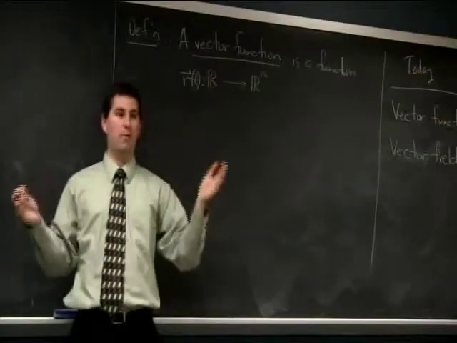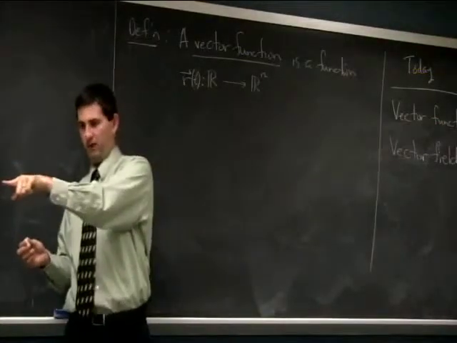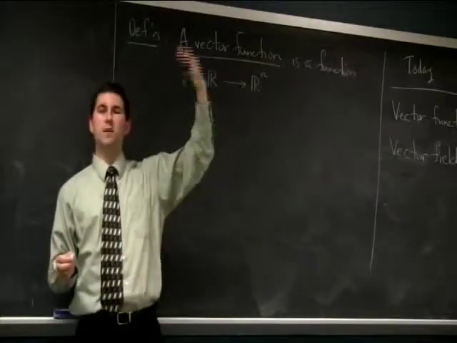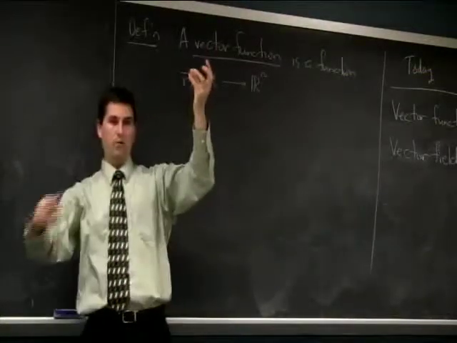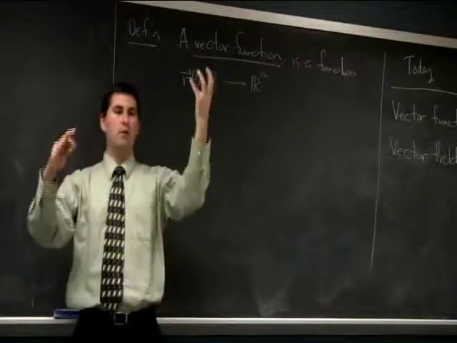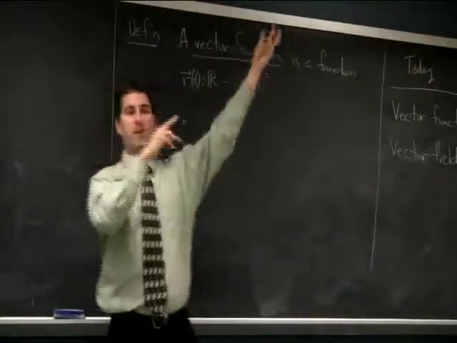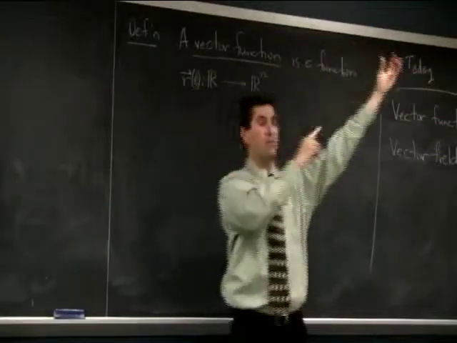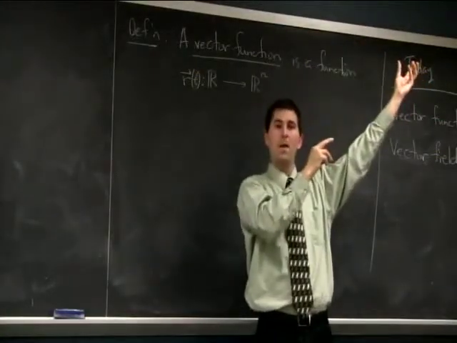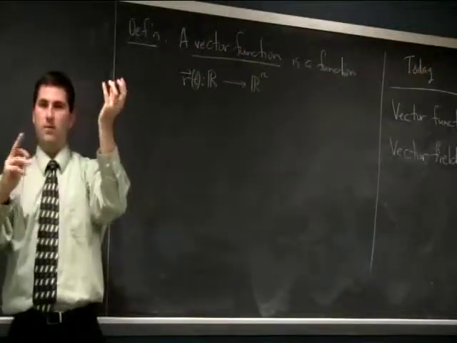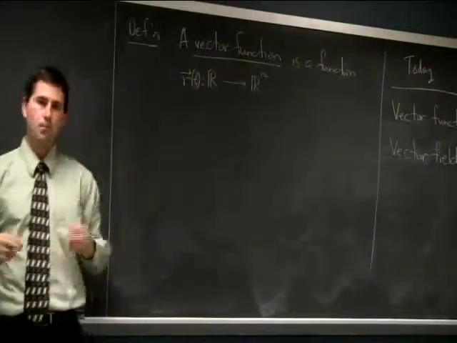If you have (2, 4), you have the vector that goes from (0, 0) to (2, 4). So for every point in R^2, you can associate a vector that goes from the origin to that point. But we know that we can take that vector and move it all over the place. And the endpoint of the vector, if we move it, would be different than (2, 4). But we still treat it as the same vector that went from the origin to (2, 4).